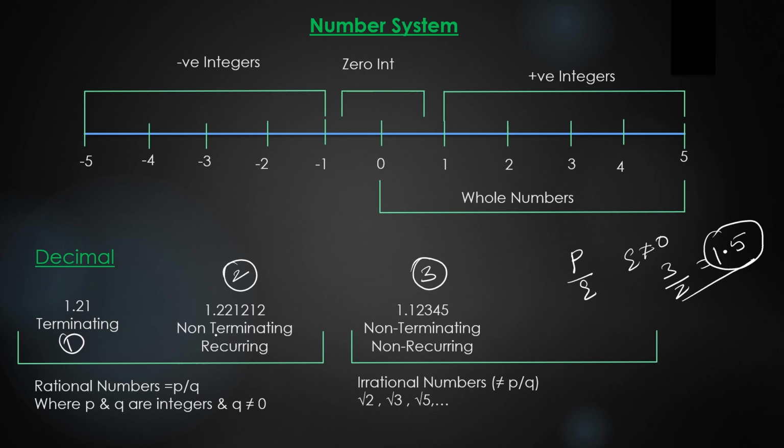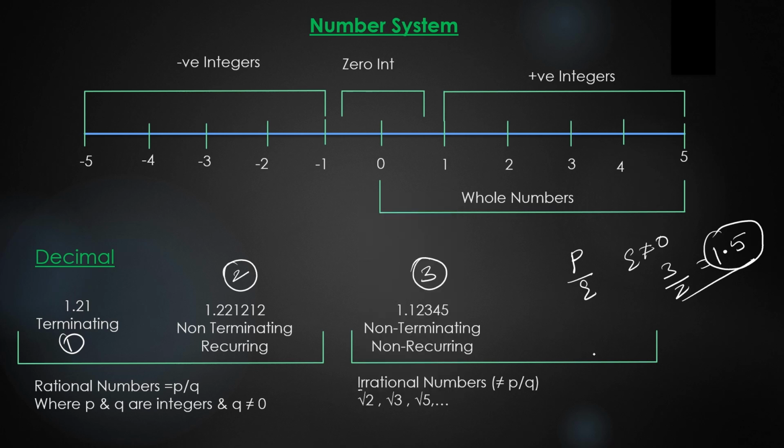So what does recurring mean? It will repeat after some point, like 1 2 1 2 1 2, and so on. And what is non-terminating and non-recurring? It is not ending and not repeating. These types of decimals, non-terminating and non-recurring, we call irrational numbers.